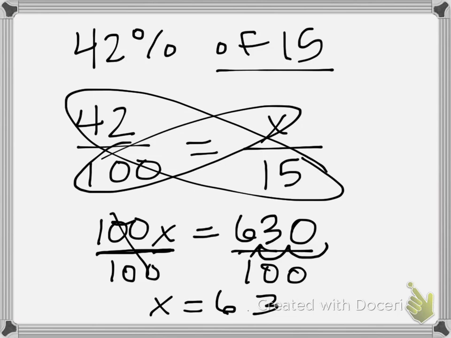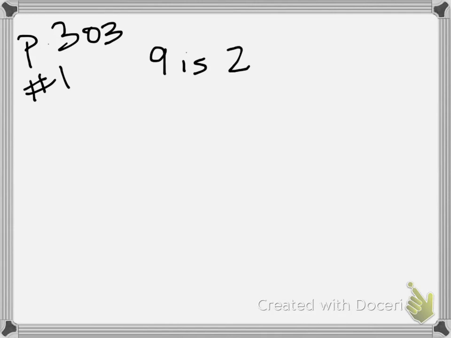Now, in lesson 5.6, you're not always going to be solving for the part. You might not know the whole. So why don't we do this? Let's take a look on page 303, excuse me, and let's take a look at number 1, where it says 9 is 25% of something.